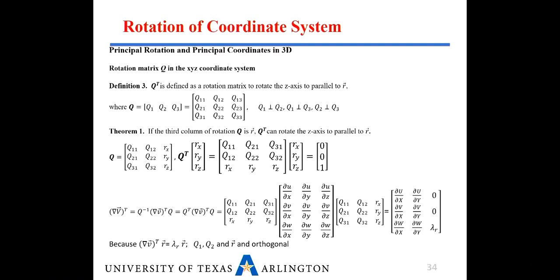Or we say the new text becomes one of the coordinates, Z. If we think this is X, this is Y, then this is Z. So the first step is to rotate the original vortex to be parallel to the new text. This is the new text, 0, 0, lambda, to be that one. This is the new coordinates.